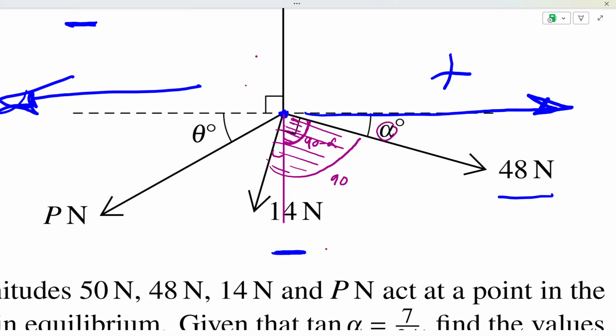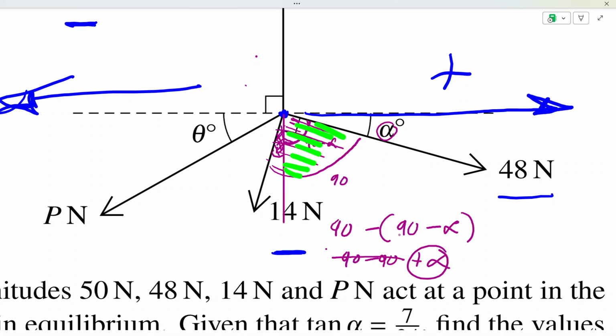Therefore, to get this tiny part right here, I'm going to say 90 minus alpha, which is this part right there. I'm going to subtract that in order to get this tiny piece here. That would give me 90 minus 90 plus alpha. This cancels out. Therefore, this angle here is also equal to alpha.